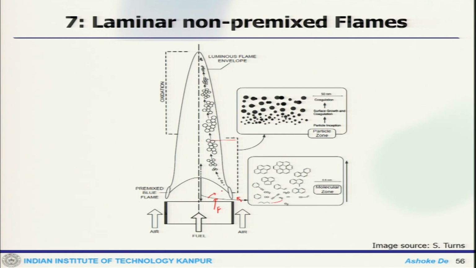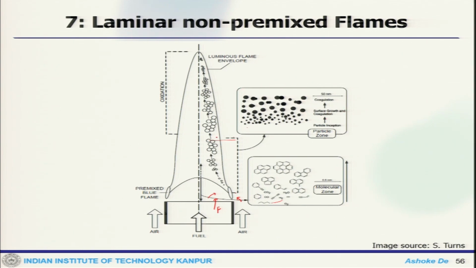Then at this position of the flame, the other process which takes place, from here to here within this visible flame height, is that from this sheet-like structure a phase change takes place. You start getting small size particles, and when these small particles grow there is surface growth and coagulation.